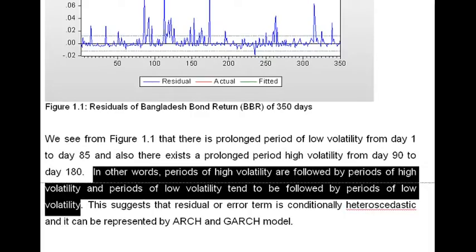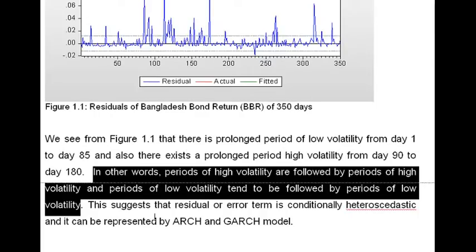So when this thing happens, then we can introduce an ARCH and GARCH model, when the residual behaves like this.